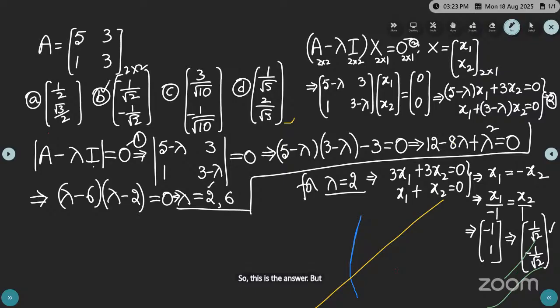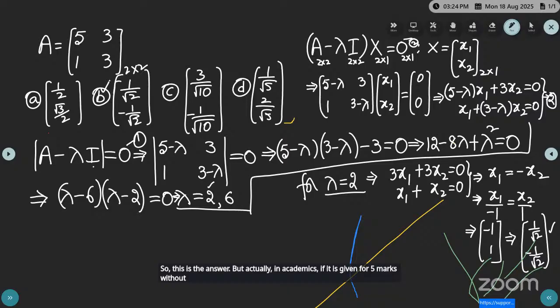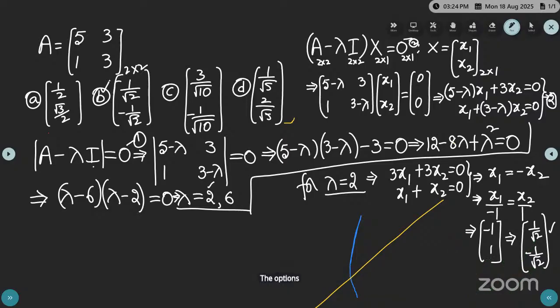But actually in academics, if it is given for 5 marks without giving the options, what you have to write is one of the eigenvectors. Okay, so normalized eigenvector. What is a normalized eigenvector? We are having minus 1, 1.